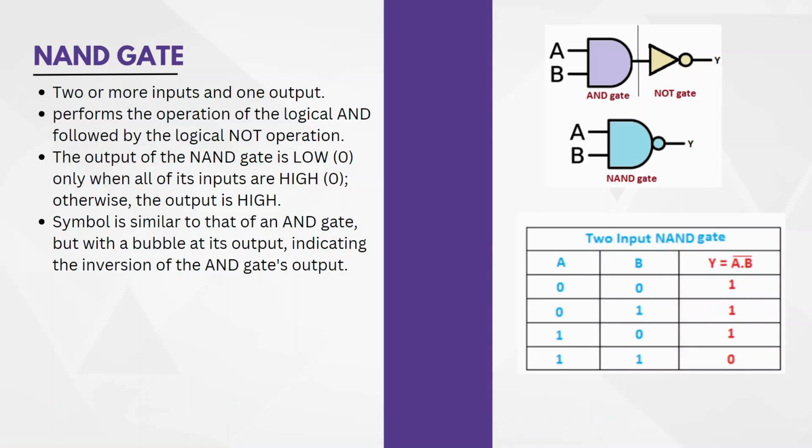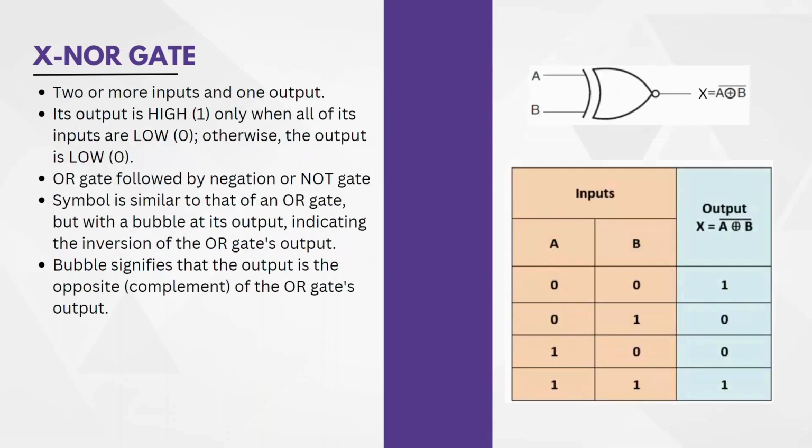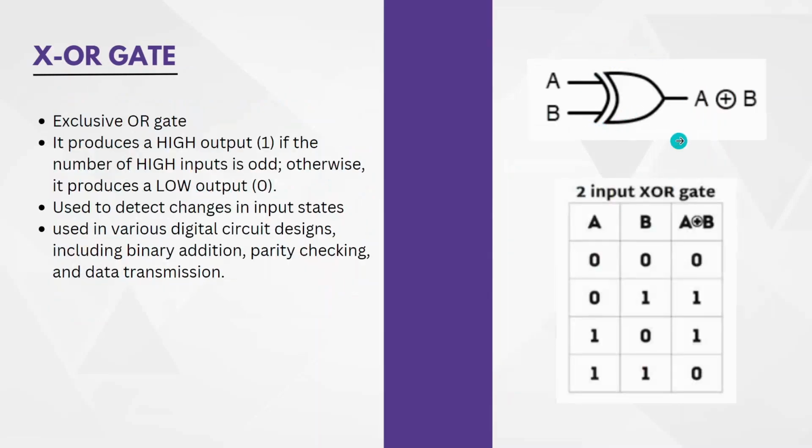We have two slightly different or special gates, that is the XOR gate and the XNOR gate. This is the symbol of XOR gate, and this is how we represent the output. X stands for exclusive.